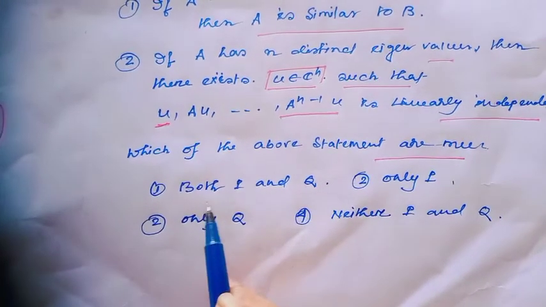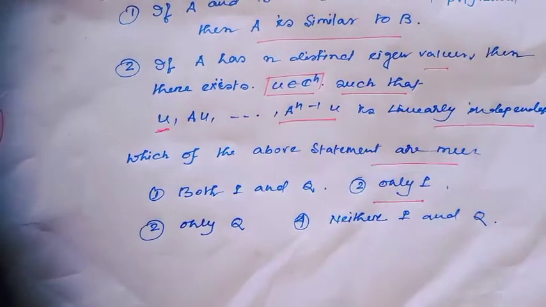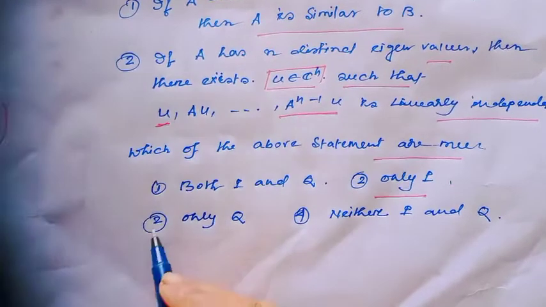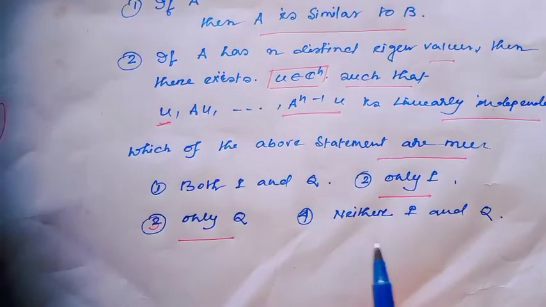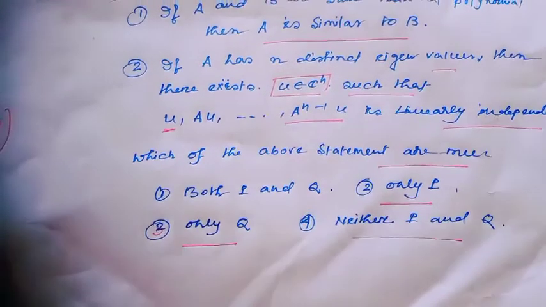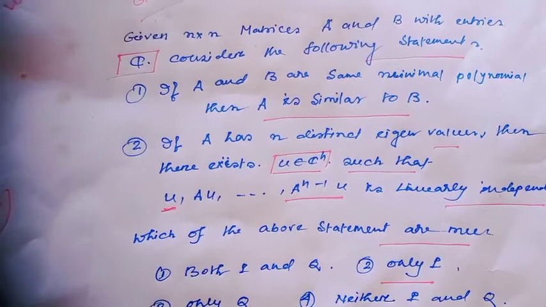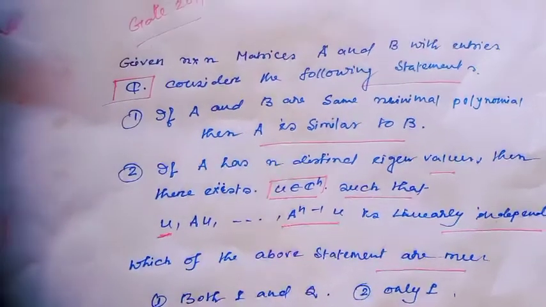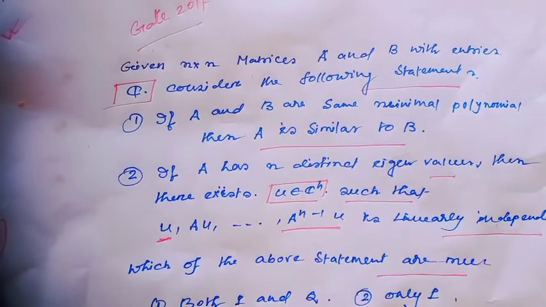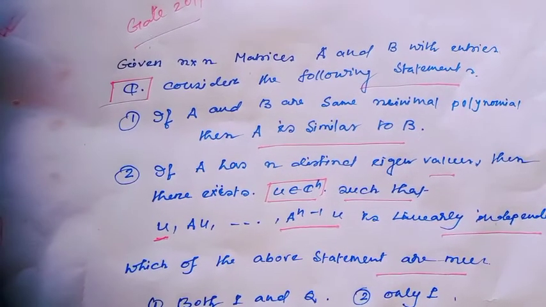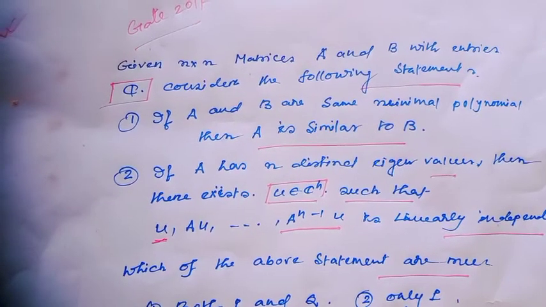Option 1, both P and Q. Option 2, only P. Option 3, only Q. And option 4, neither P nor Q. Which option is true? Just verify. This is a very basic question. First, if A and B have the same minimal polynomial, then A is similar to B. We all know the properties of similar matrices.